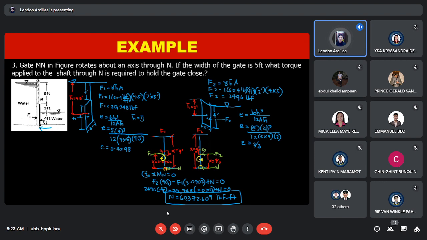So, yung N natin is pa left side to counter the force 1 since maliit lang yung force 2. So, yun, pa left side yung N. As you can see, F1 is 20,000. F2 is 2496 lang. So, kailangan ng N 60,372 to counter F1.